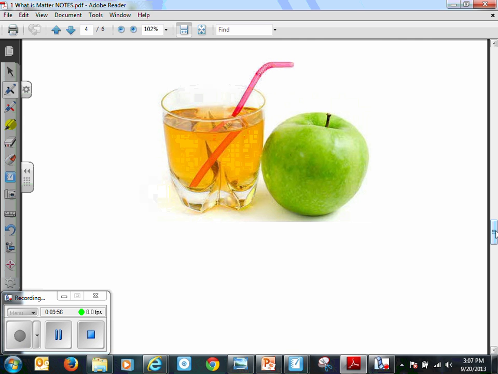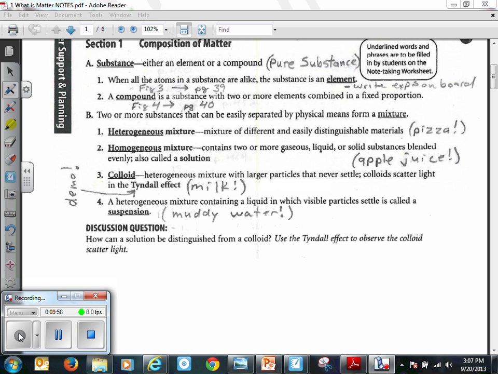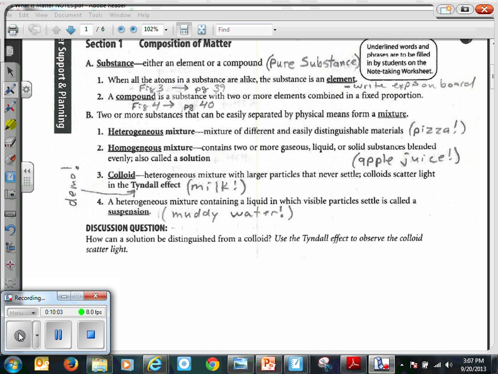Okay, and then we have colloid here. A colloid is a special type of mixture. It's heterogeneous, but it has larger particles that never settle out. So we have this suspension, which is another type of heterogeneous mixture, but it has particles that will settle out.